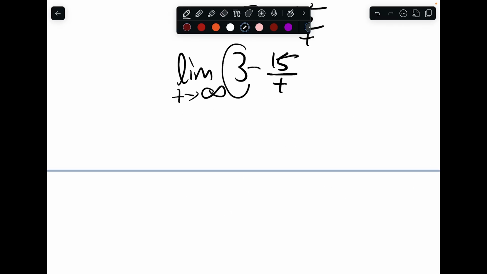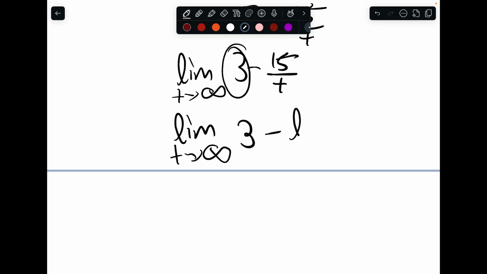We have a constant and we have 15 over t. So we can rewrite this as two different limits. The limit as t approaches infinity of 3 minus the limit as t approaches infinity of 15 over t. This is just a constant. So no matter what value you have in your function, it will always equal 3. So this limit is just going to be 3.